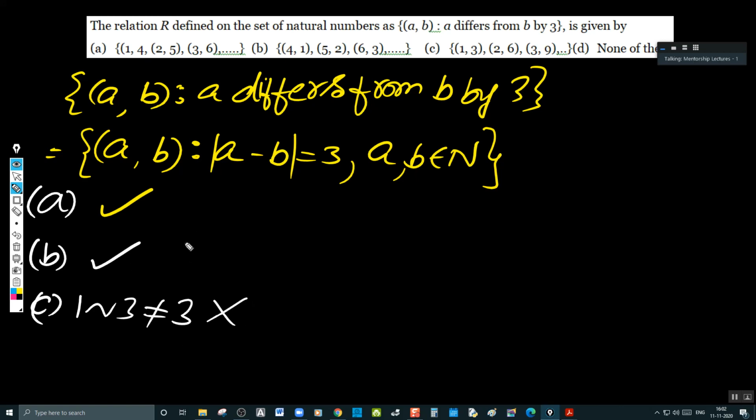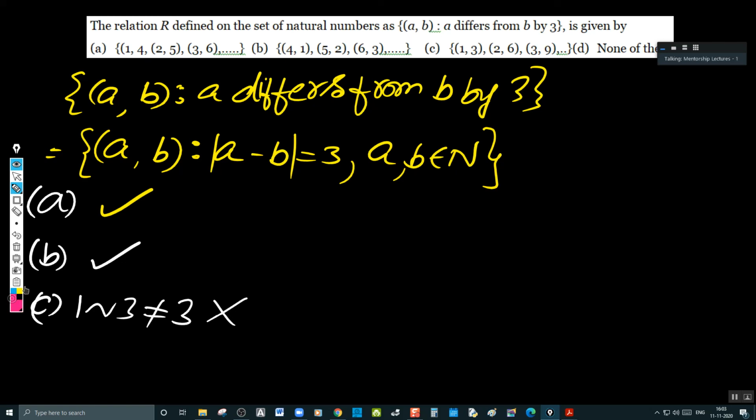ये ऐसा ही नहीं है. मतलब you must understand that A differs from B by 3. Here also you are getting different options, means two options correct. Let us review this once.